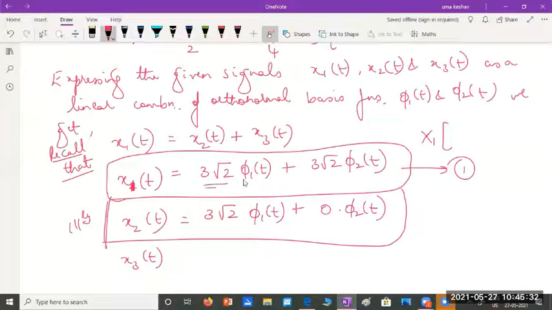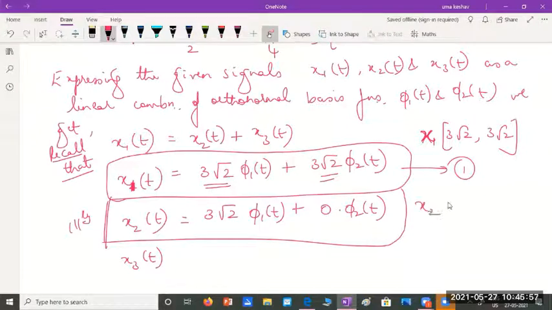The coefficient of phi 1 and the coefficient of phi 2. So 3 root 2 comma 3 root 2 would be the coordinates to plot the signal x1. So to plot the signal x1, the coordinates are the coefficients of the basis functions.